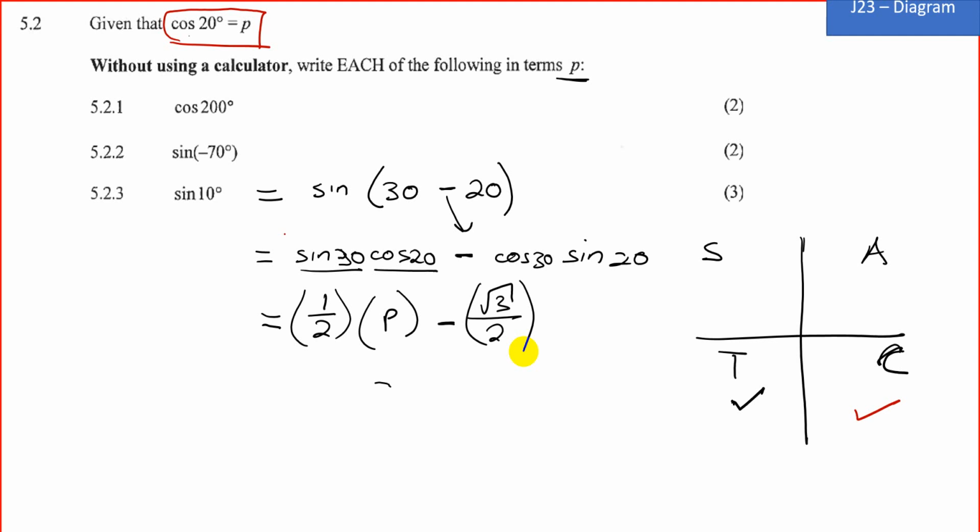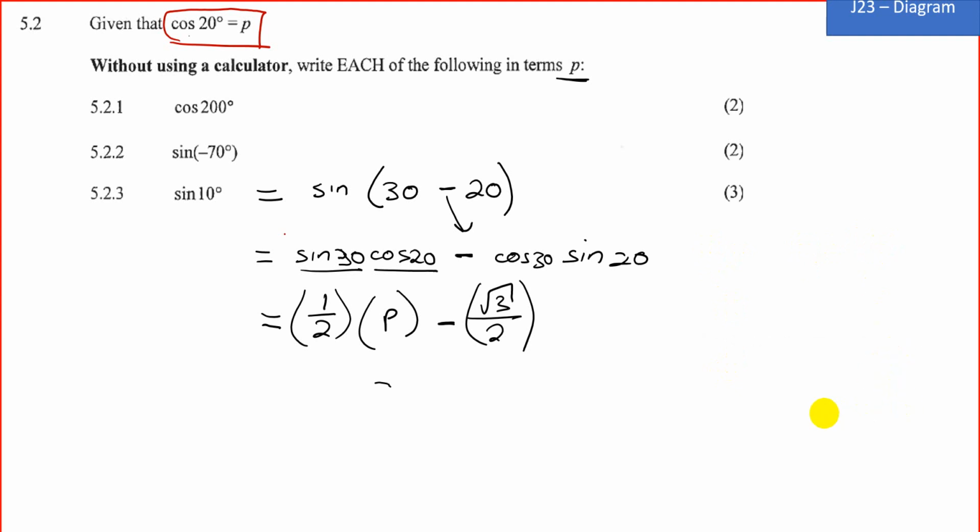And then we have sine 20. Now sine 20 is a problem for us at this stage. So the easiest way to work that one out is to quickly draw a diagram.